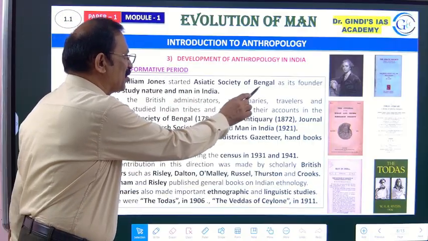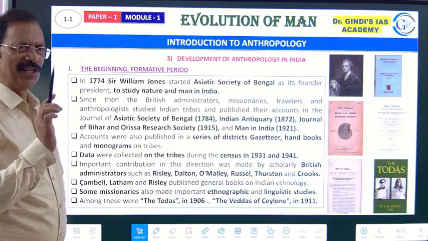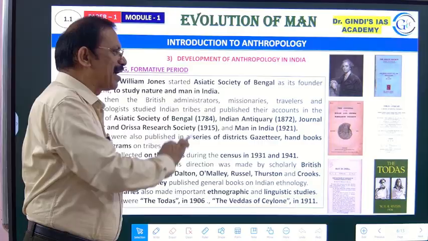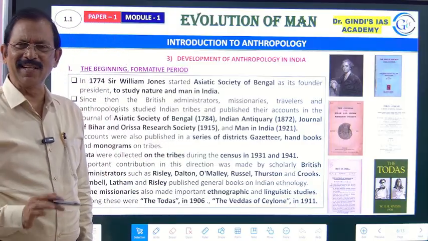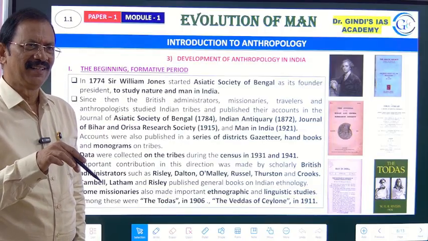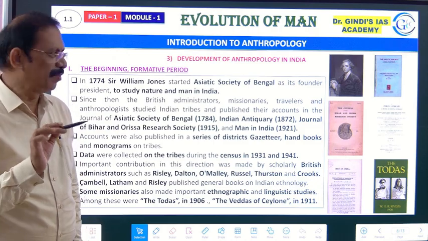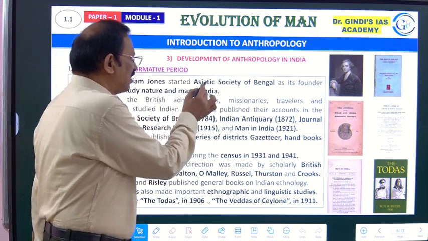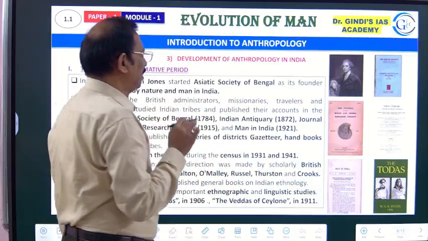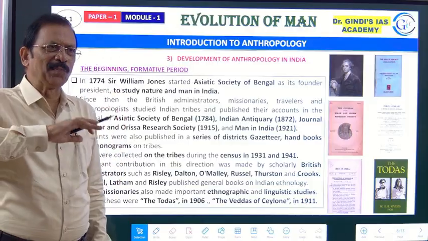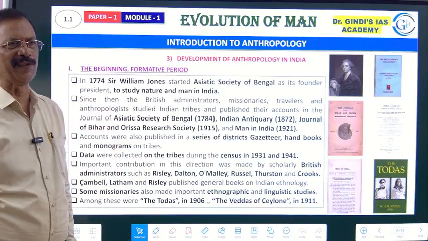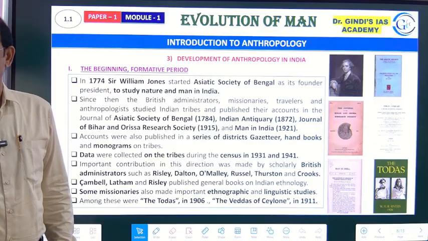The Asiatic Society of Bengal was the first exclusive society to study nature and man in India. With the founding of the Asiatic Society of Bengal, Indian anthropology started.